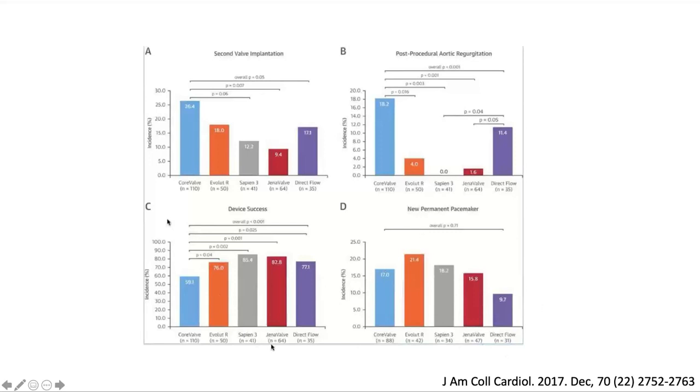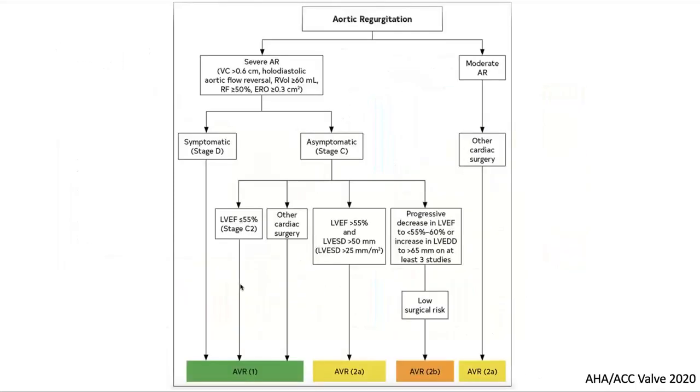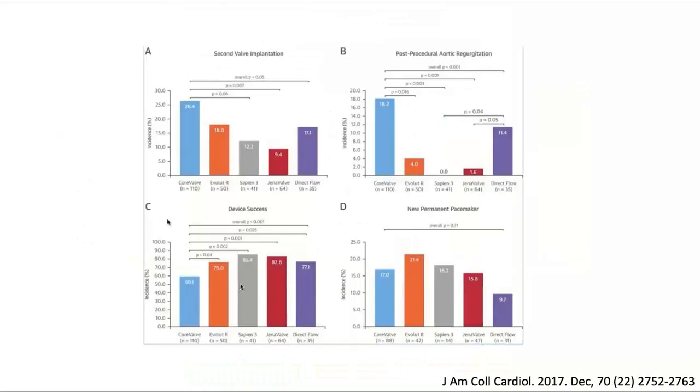This was done in 2017. Interestingly, with the JenaValve, there's ongoing research into its utility, and I believe it has ongoing clinical trials as we speak. So it's another potential option for your patients who are otherwise not surgical candidates for treatment of aortic insufficiency.